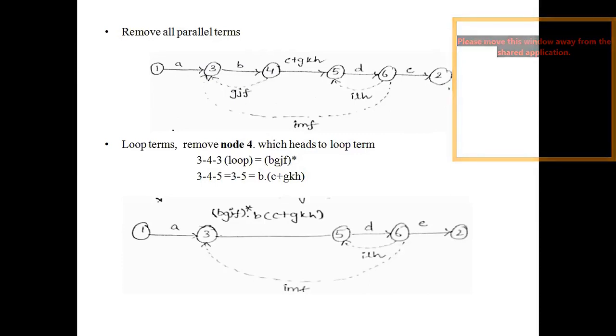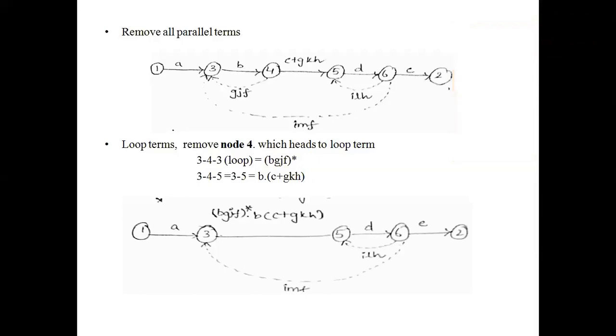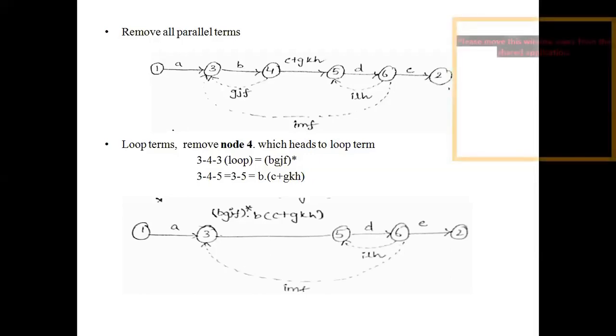If B is not a link with 3-4, and instead of 3-4 it is 4-3, then they are called parallel links. A continuous link is called a sequential link. So again it is a sequential link, B, JF, G, but it is a loop preparation, that's why it is represented with a star.